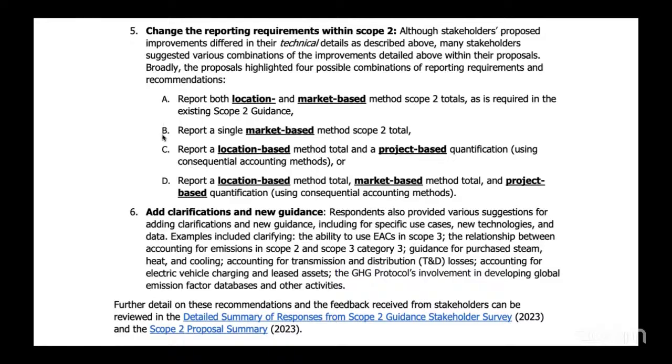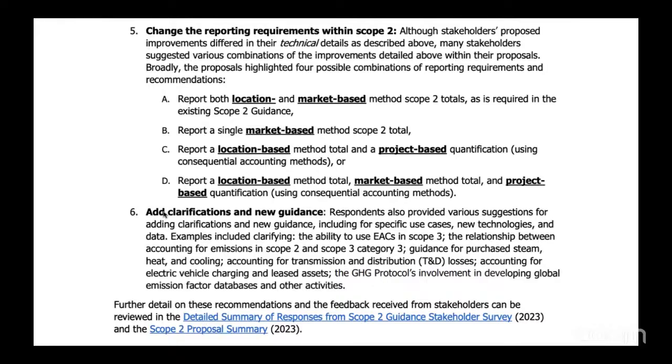B. Report a single market-based method Scope 2 total. C. Report a market-based method total and project-based quantification using the consequential accounting method. D. Report a location-based method total, a market-based method total, and project-based quantification. Add clarification and new guidance.